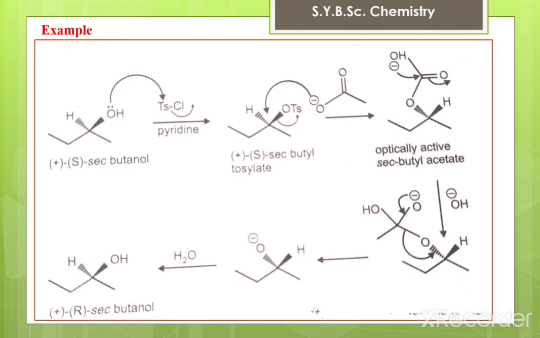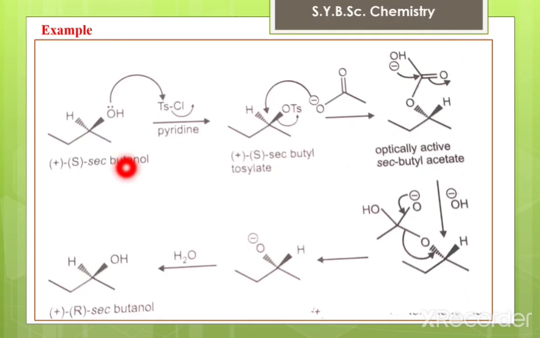This indicates that somewhere in the sequence there has been an inversion, and we know that it was not the formation of the tosylate or the hydrolysis of the acetate, as no bonds are formed or broken at the stereogenic center in these steps. It must therefore have been the SN2 reaction, and this experiment proves that the SN2 proceeds with an inversion of configuration. This is about the SN2 reaction.